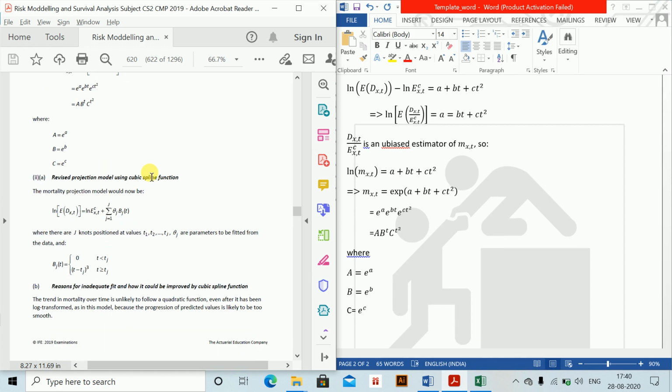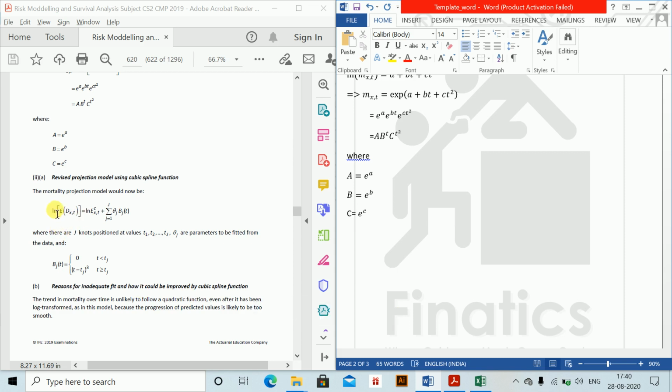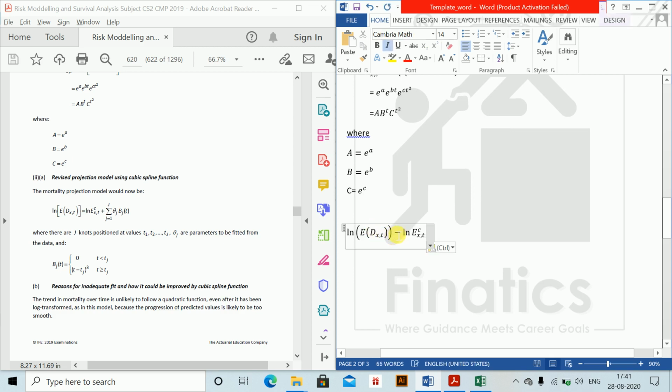And revised projections of the cubic spline function. Some of this is already there, so I'll just write it for you. ln of d(x,t) and ln of e c(x,t) are already there, with an equals sign in between, and the other part now being plus the sum over j equals 1 to capital J of theta j, b j of t.